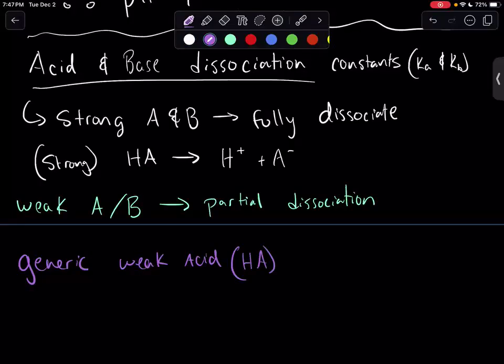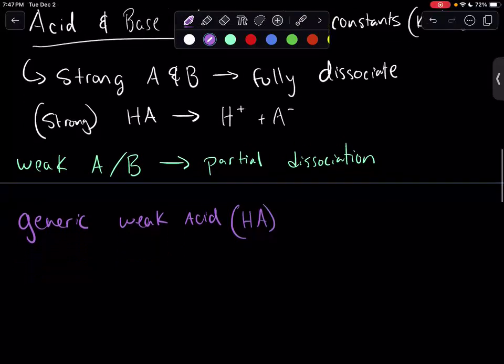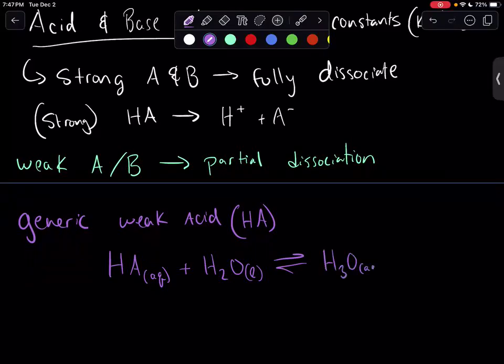Once again, I'm using HA, but this time it is for the weak acid. We can see the equation of HA, aqueous, plus water, liquid, reacts in equilibrium. So we have a forward and reverse reaction to form hydronium ions, aqueous, plus our anion, our conjugate base, aqueous.